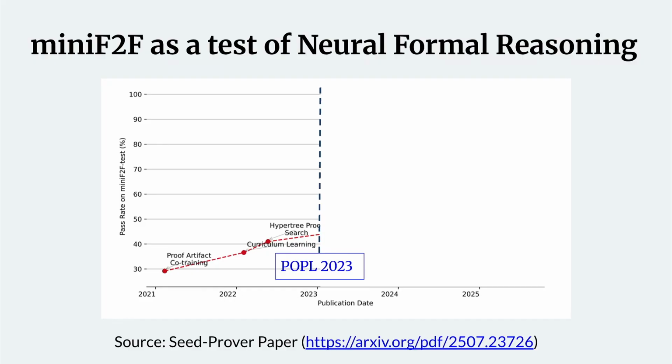So starting from POPL 2023, this was a benchmark in Lean 3 at the time, and there was some preliminary work on the benchmark with neural models trained primarily at OpenAI, scoring at first just under 30% and then around 40%. And this 40% number, let's keep this in mind, but there was some work being done training models of GPT-3 scale, trying to do neural theorem proving in Lean, and the performance was around 40%.